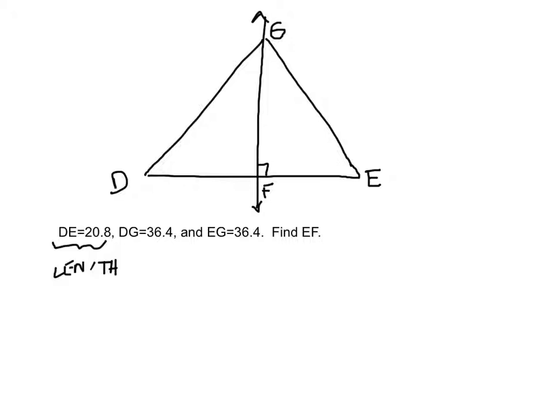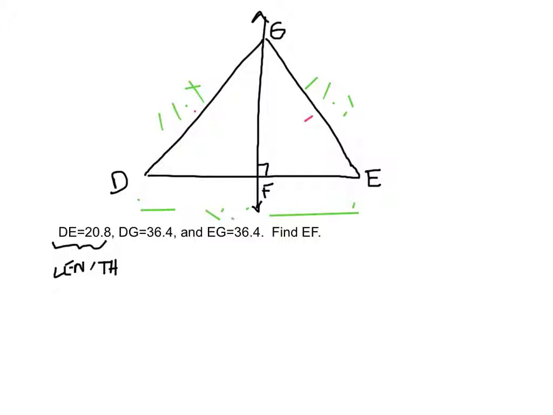DE, the total length, is going to be 20.8. DG is equal to 36.4, and EG is equal to 36.4 as well. Well, if we look, 36.4 and 36.4 must be congruent, aren't they? They're the same length, so we have two segments being congruent.